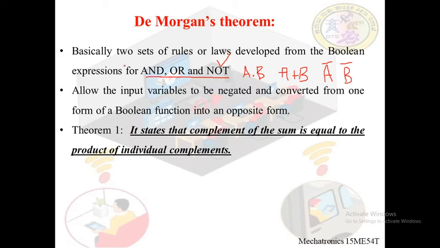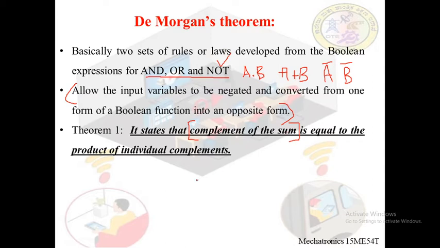Let us see how this statement can be understood using De Morgan's theorem. First theorem states that the complement of the sum is equal to the product of individual complements. We must understand this particular place.